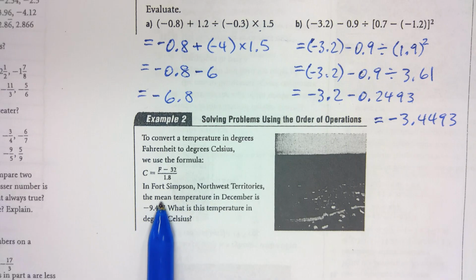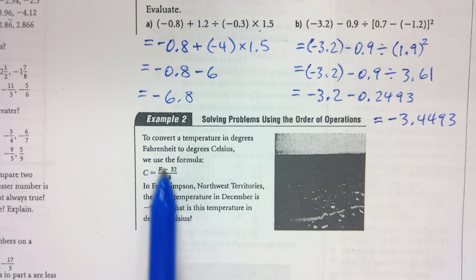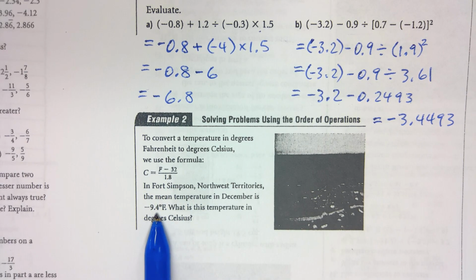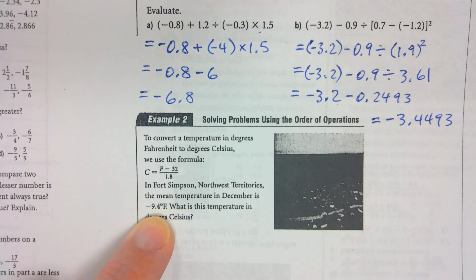So here, the temperature is negative 9.4 Fahrenheit. Is that very cold or very, very, very cold? What do you guys think? Just a quick estimate. Don't plug it in yet. Who thinks it's extremely cold?